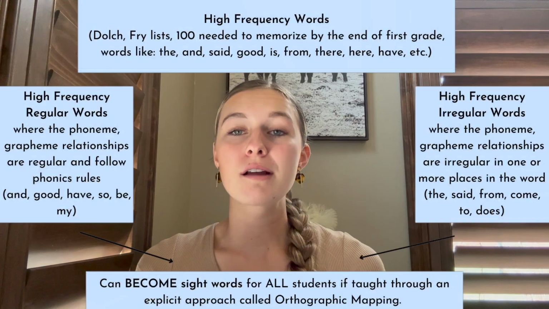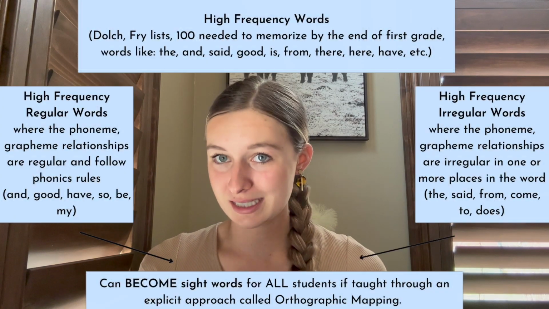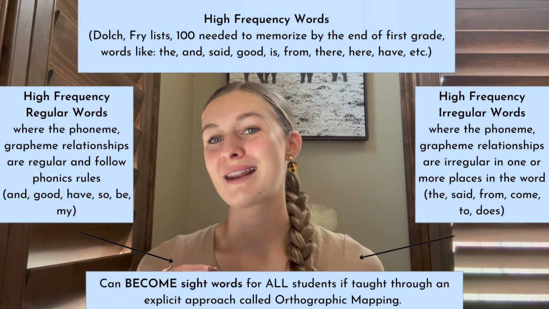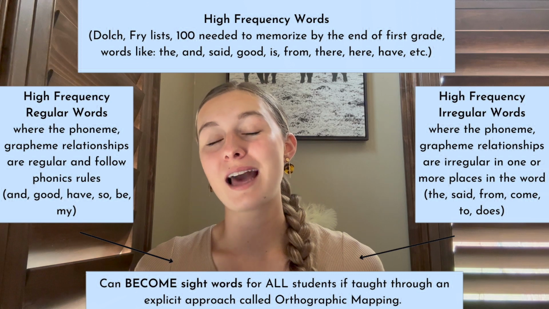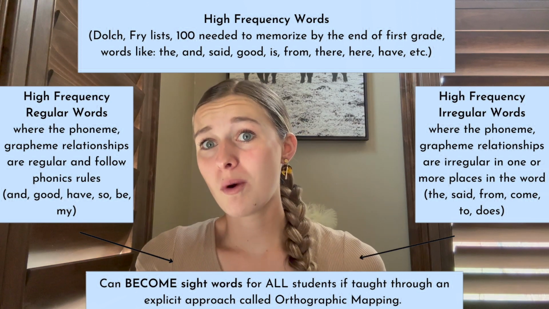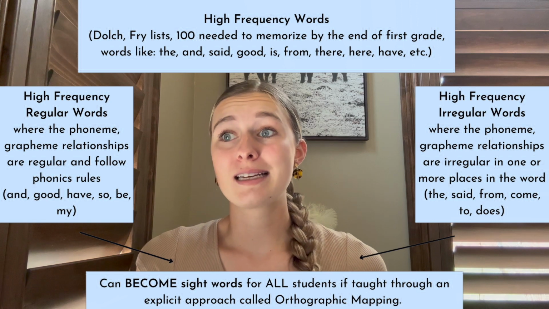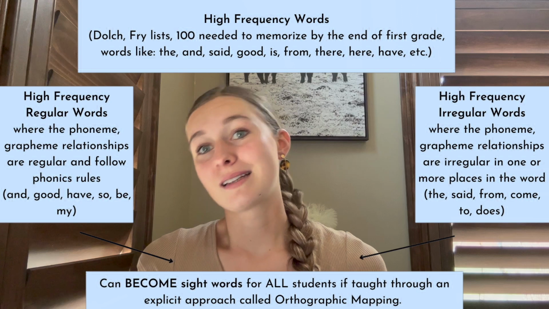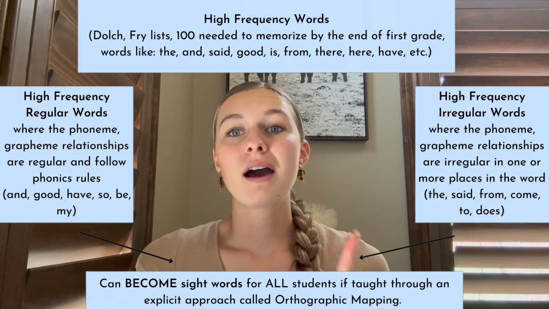So we refer to those words as high frequency words. High frequency words, a term that is coming around more in the world of literacy instruction, are words that are most common in text. So if we want kids to learn how to read, we want to teach them those most common ones, the and said and from and good, because they're so common. Okay, so we have high frequency words.